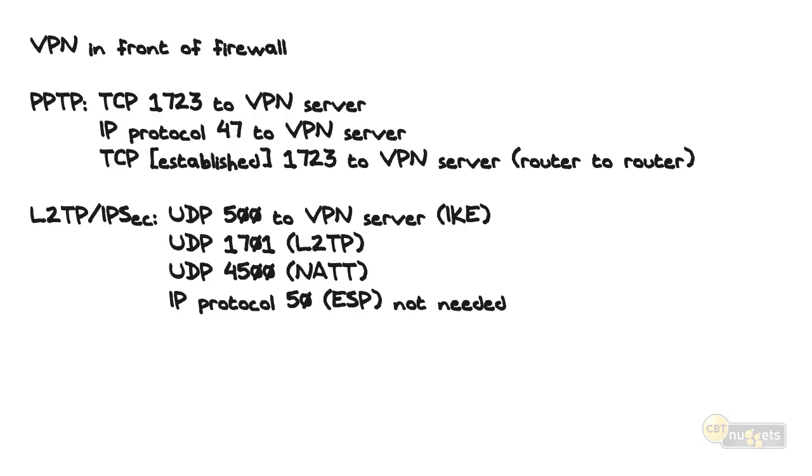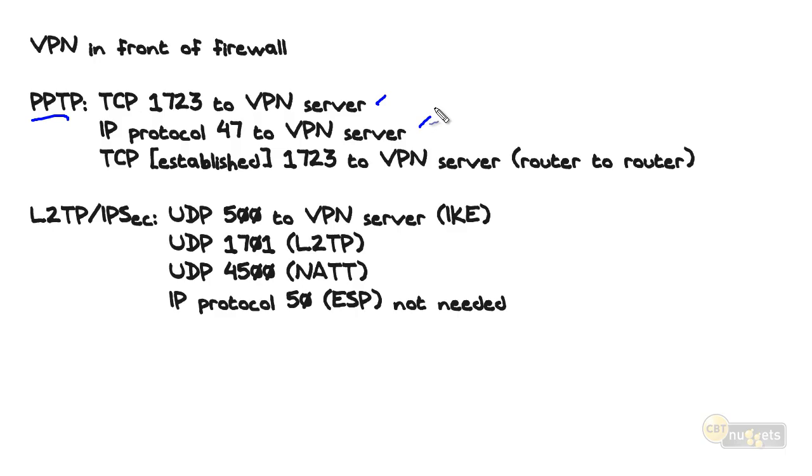If you are using the point-to-point tunneling protocol, PPTP, you are going to need to open, and these are both ingoing and outgoing, from the internet to the VPN server and from the VPN server to the internet, TCP 1723, IP protocol 47, that's not a port, it is a protocol ID.